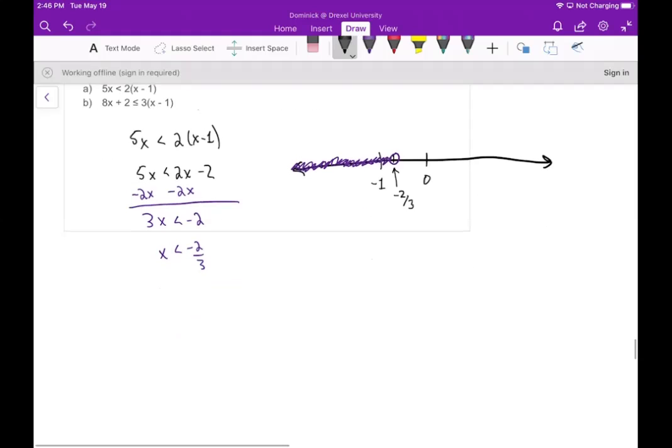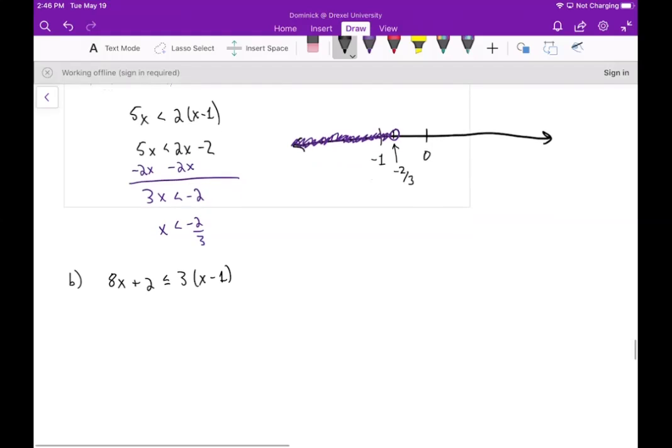Now for part B, we have 8x + 2 ≤ 3(x - 1). Again, we'll distribute first. We get 8x + 2 ≤ 3x - 3. I want to move my 3x to the left so that I don't have to worry about negatives.